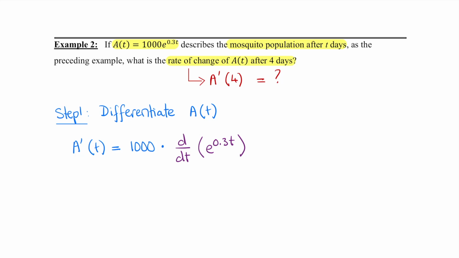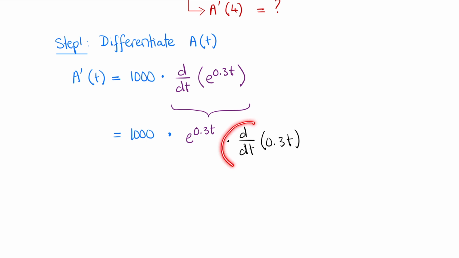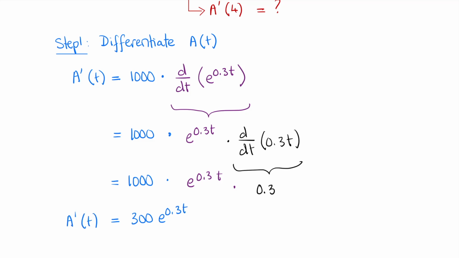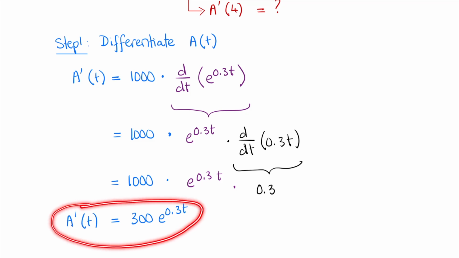Using the chain rule, we keep e to the 0.3t the same, and then multiply by the derivative of 0.3t. The derivative of 0.3t is 0.3. And 1000 times 0.3 is 300. So A prime of t equals 300 times e to the 0.3t.